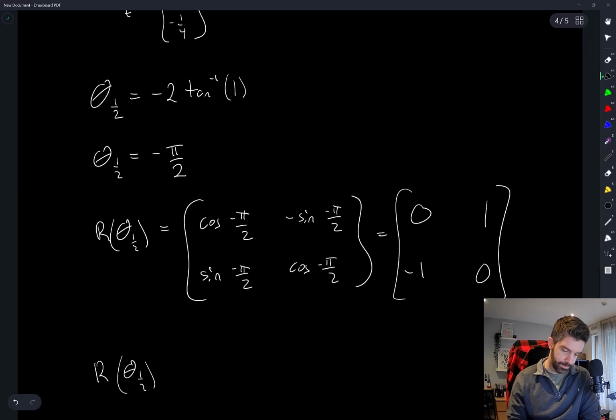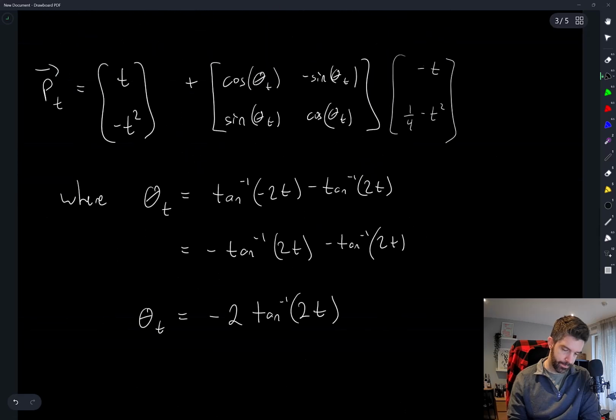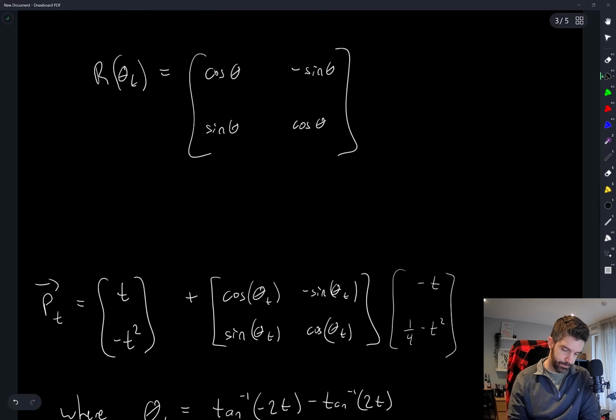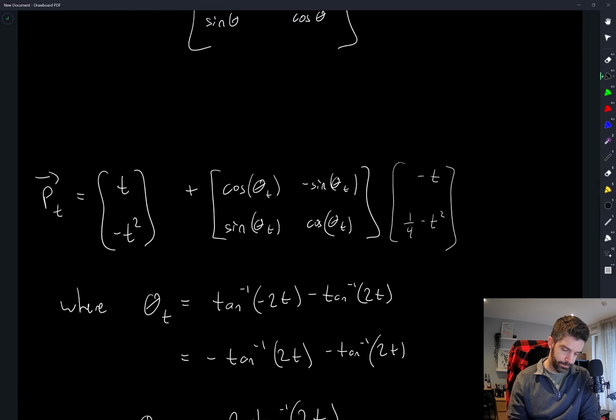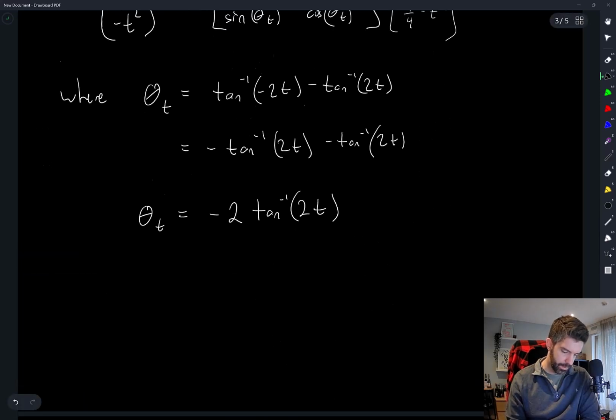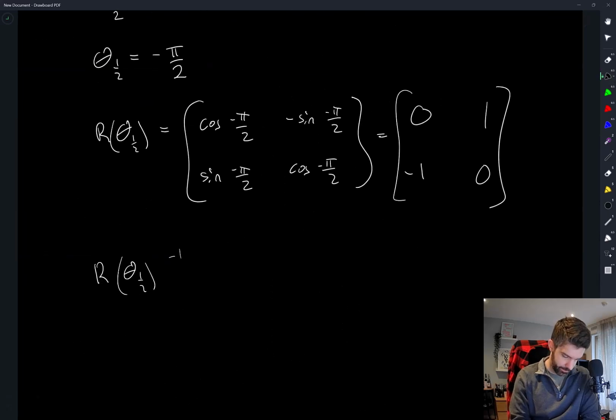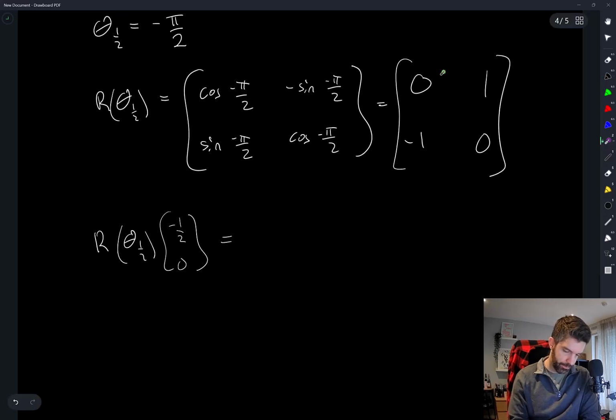The rotated vector, I had that wrong earlier anyway. Okay. When t is equal to a half, I have negative a half, 0. So I need to take the first column, multiply by negative a half, so this equals 0, 1 over 2.